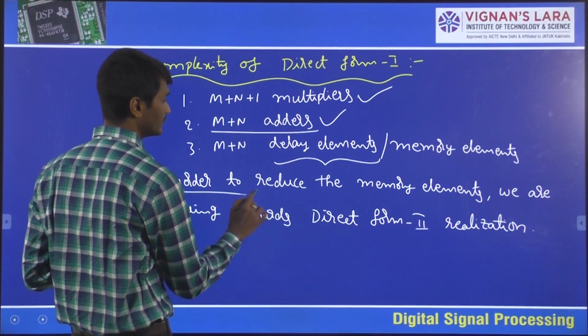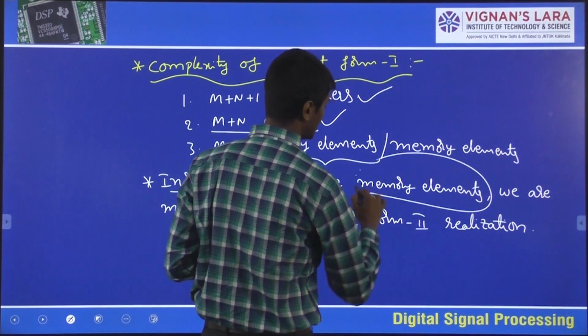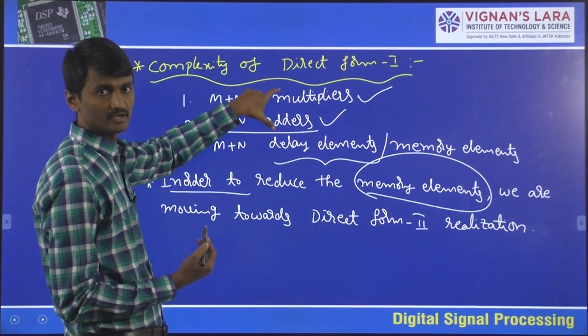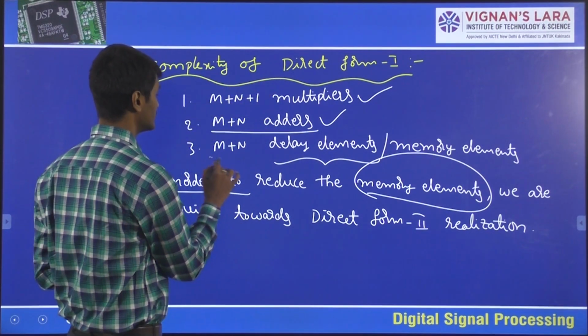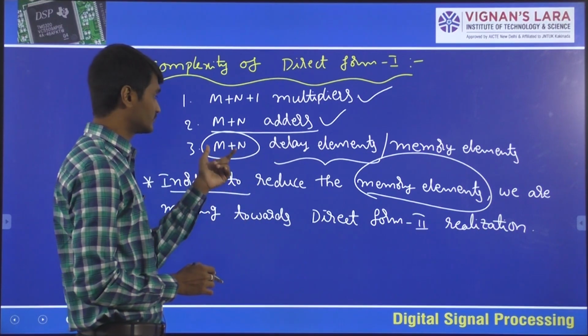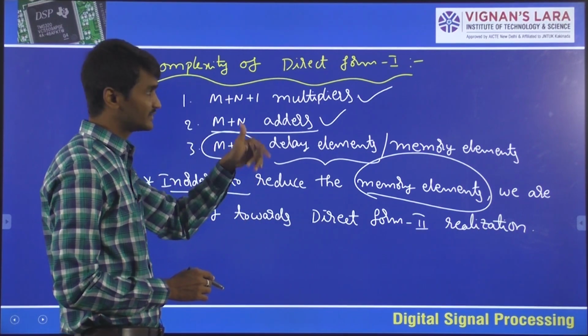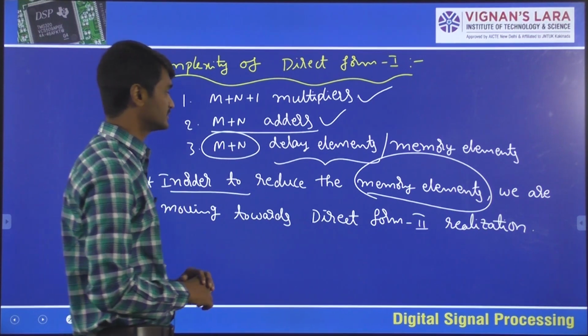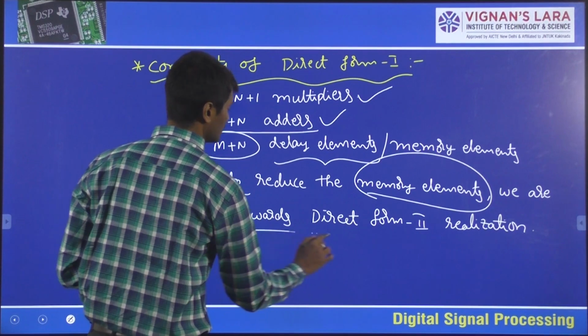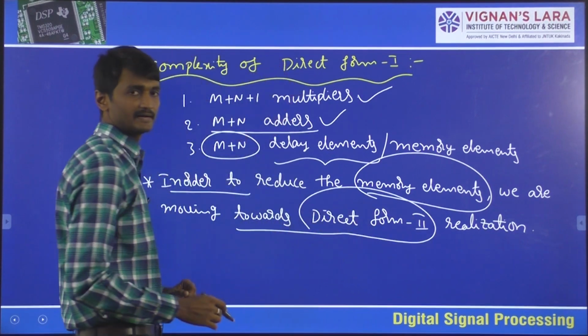In order to reduce the number of memory elements in direct form 1, where the number of delay elements is m plus n, we are moving towards direct form 2 realization.